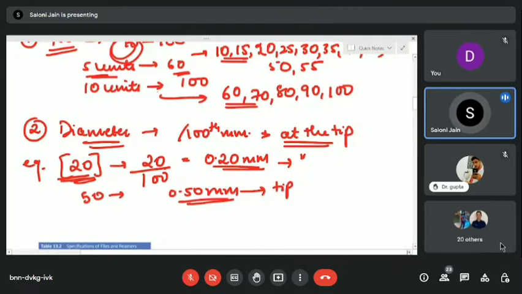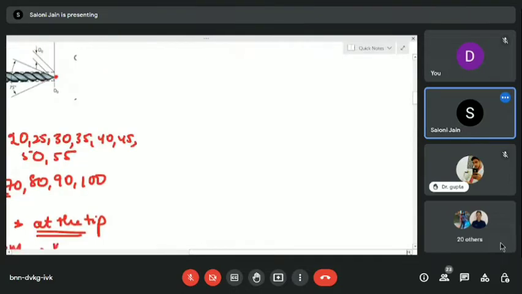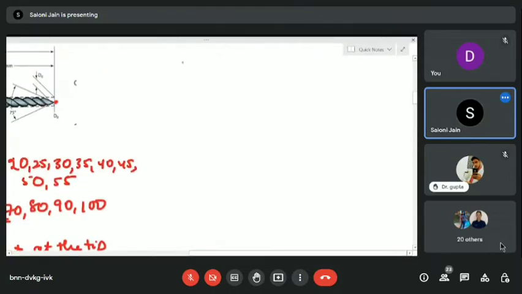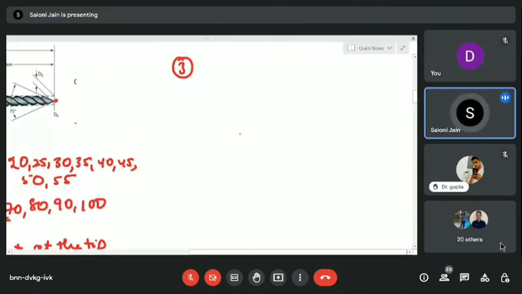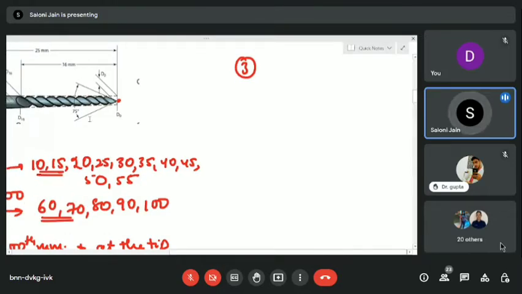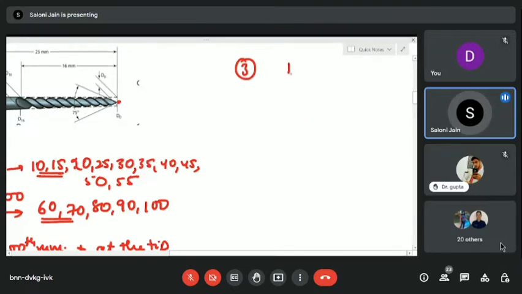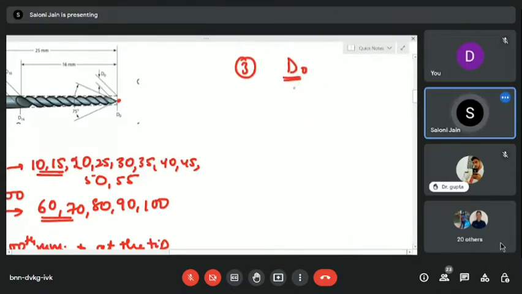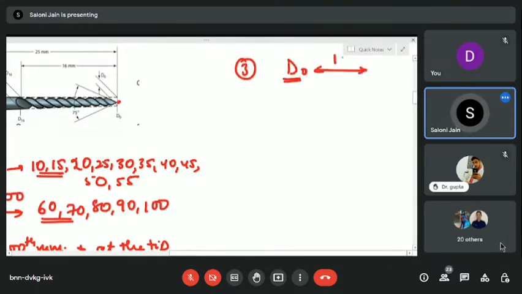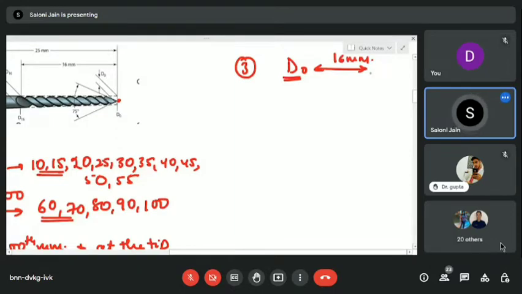Then the next thing, the third point, is that the working flutes or the blades which an instrument has shall begin at D0, the diameter that is designated as D0, the tip diameter, and it should terminate exactly 16 mm from the shaft.